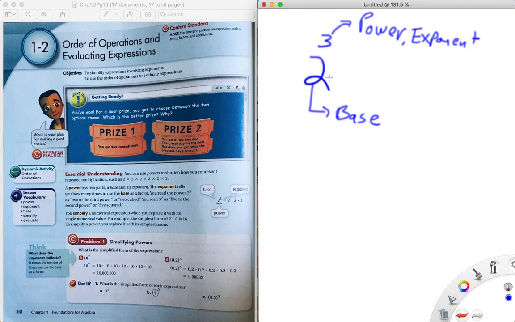The base is the number that's being multiplied over and over again, and the power or exponent tells you how many times you are multiplying the base. So I will be multiplying the base 2 times itself 3 times.